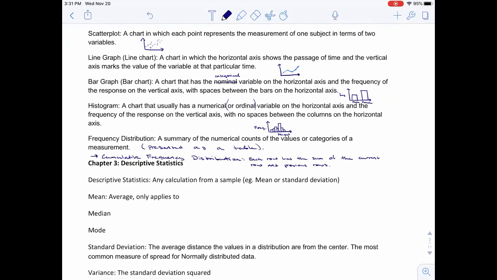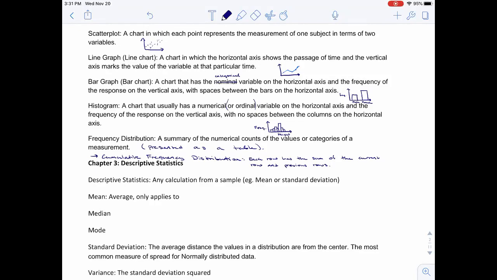You will be given a frequency distribution and asked to pick a category that satisfies some criteria, just reading this frequency distribution, and then use it again to figure out the cumulative frequency or the cumulative percentage. That works the same way, so you'll have to work with a frequency distribution. Any questions about that?